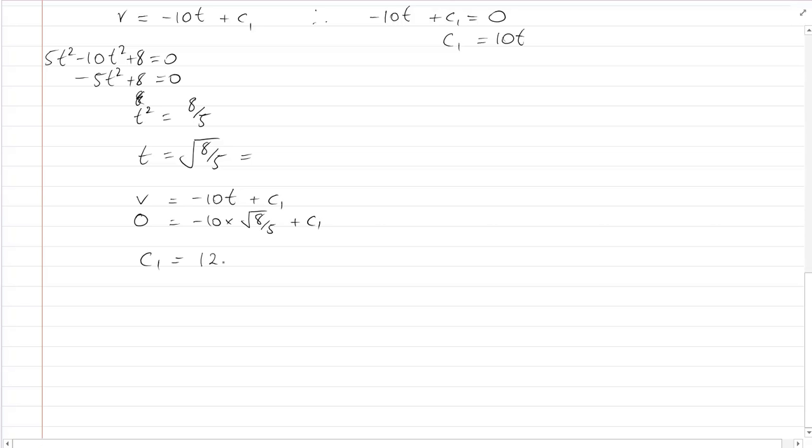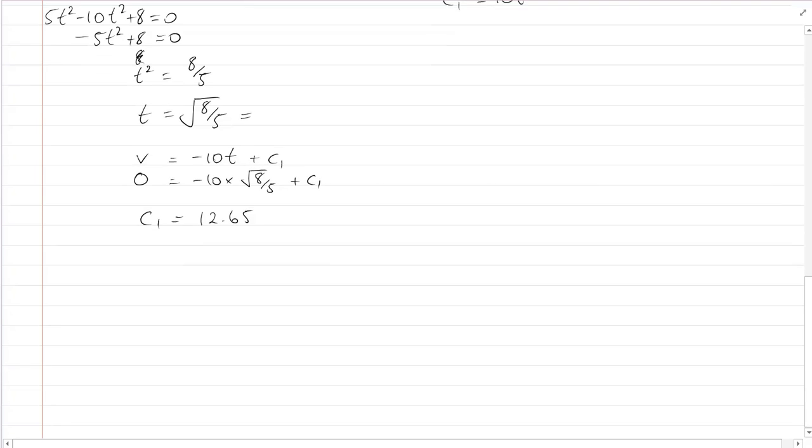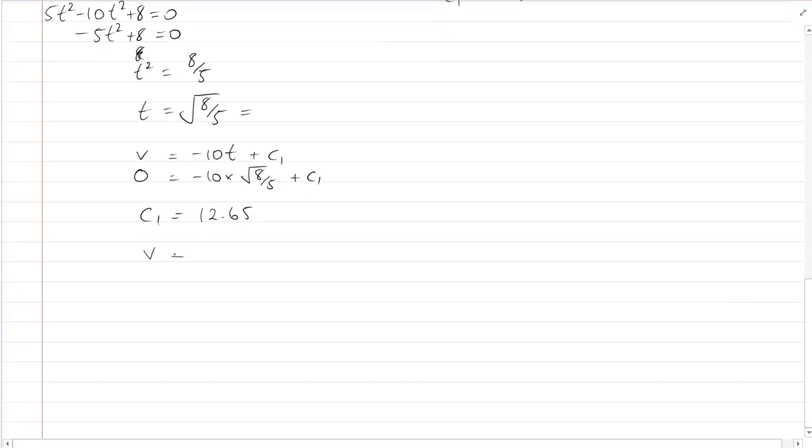So this is equal to 12.65. So I've got velocity equals negative 10t plus 12.65, which implies, of course, that at t equals 0, initially the velocity equals 0 plus 12.65, which means the velocity is equal to 12.65 meters per second.